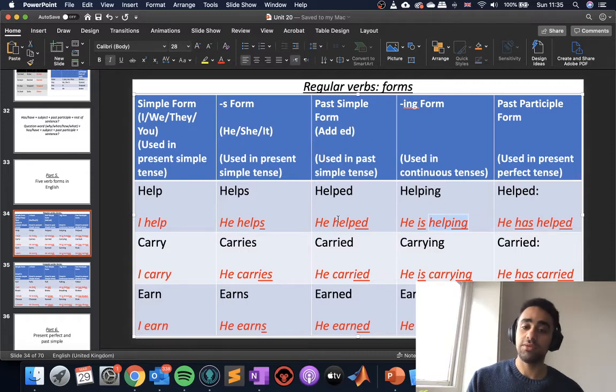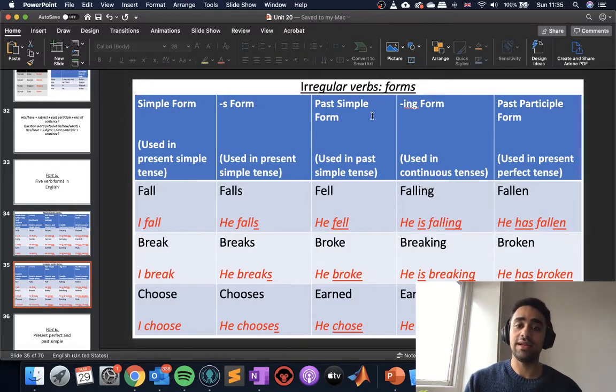The verb looks the same, helped, helped. The difference between this form and this form is that we have has here and we don't have it here. That makes it present perfect, and that makes this the past participle, but the verb looks the same. And then we have irregular verbs.